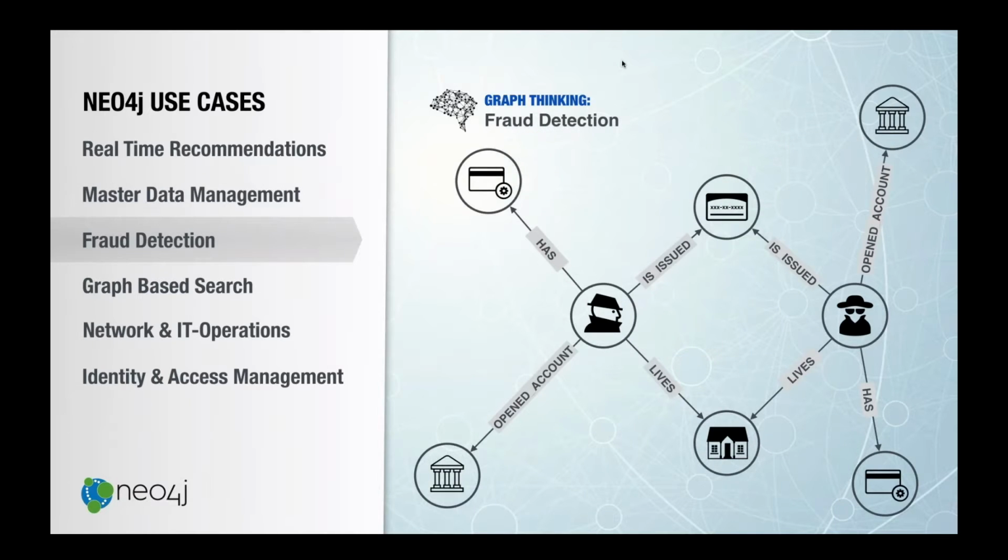Fraud detection is another common use case for Neo4j, specifically in the financial services industry. Turns out that if you model credit applications as a graph, what you find is that fraud rings often share pieces of their identities across different applications for credit.